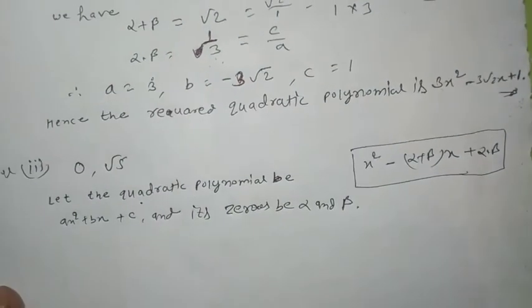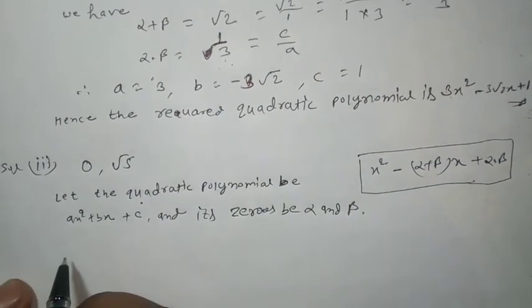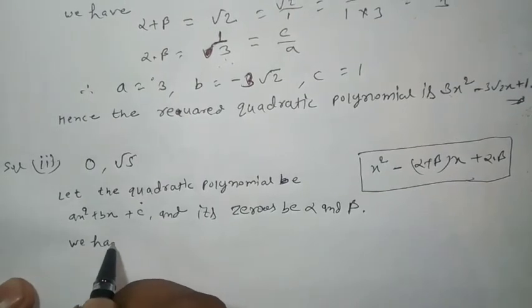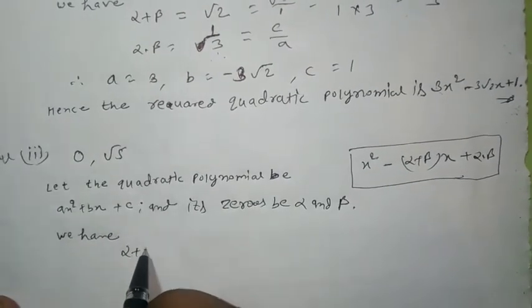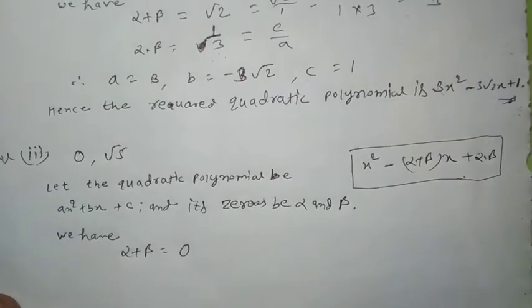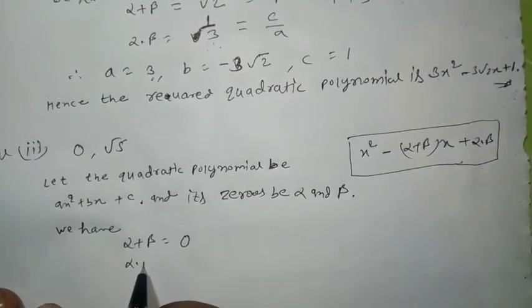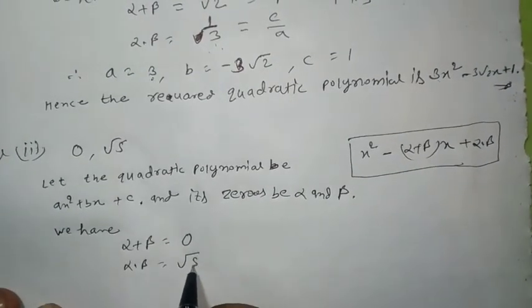Okay, we have alpha plus beta is equal to 0, alpha into beta is equal to root under 5.